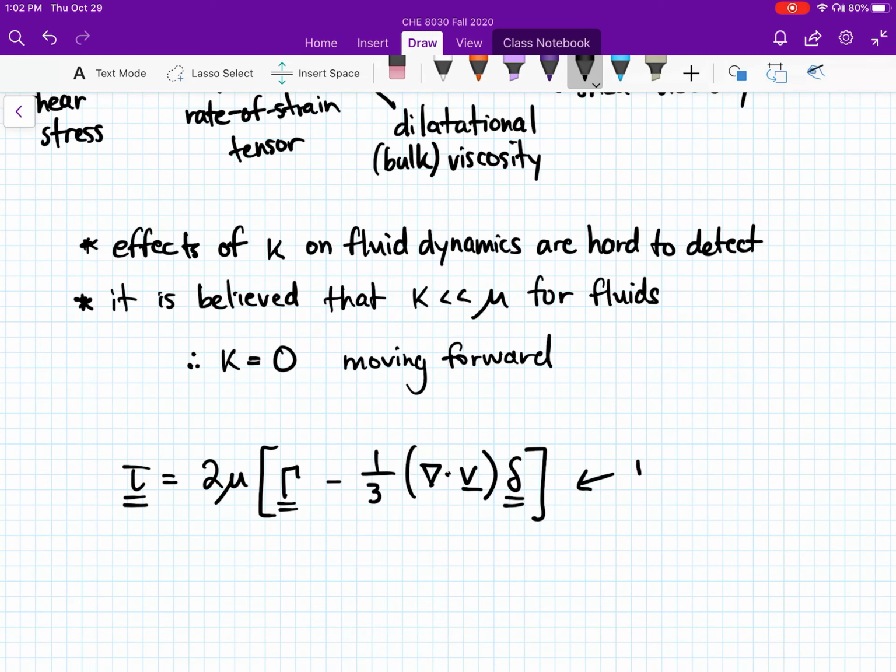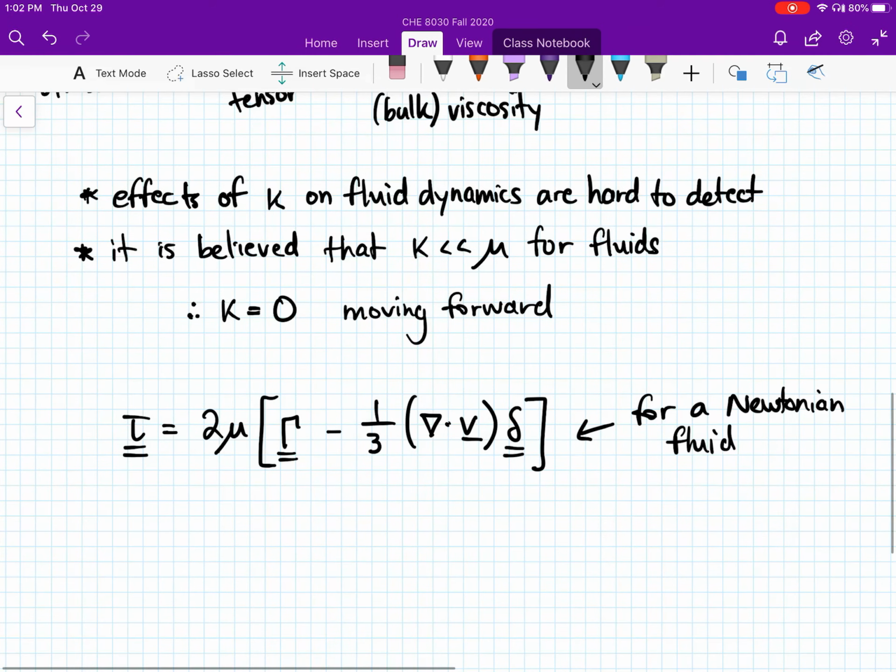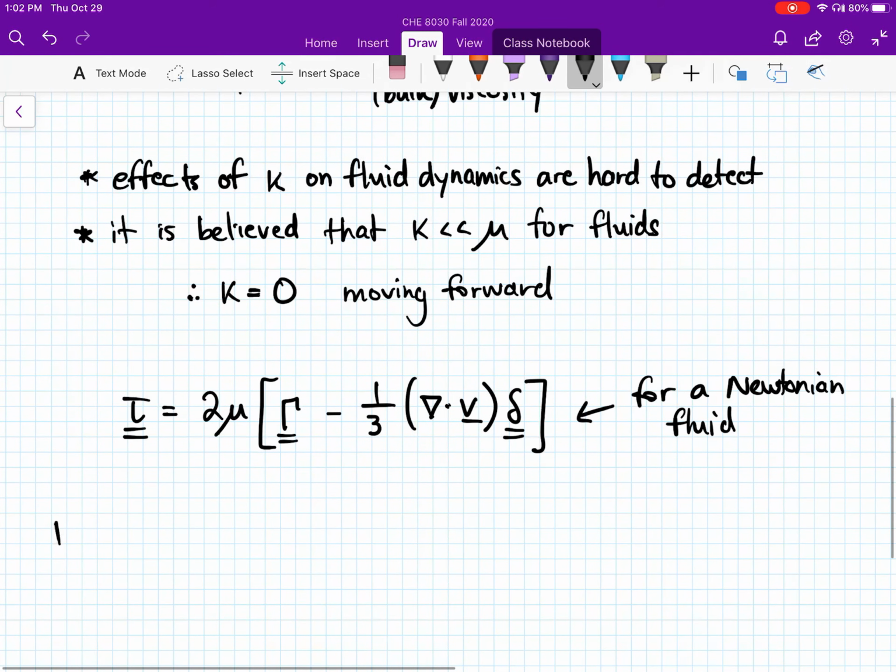So again, this is for a Newtonian fluid, for an incompressible fluid, i.e. a fluid whose density does not change. So for us, that's typically liquids.